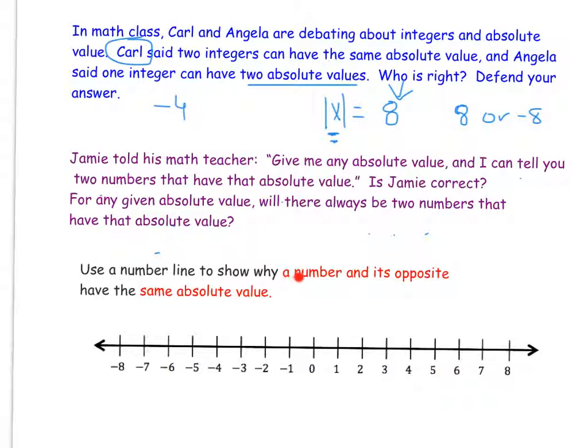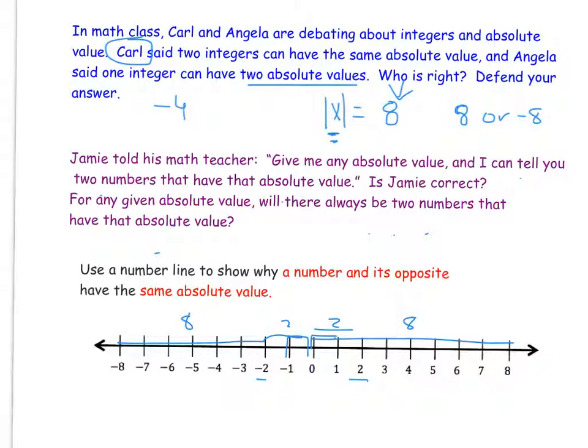So what we know is a number and its opposite always have the same absolute value. So negative 2 and 2 would have the same absolute value because each is 2 away. Negative 8 is 8 away, and 8 is 8 away.